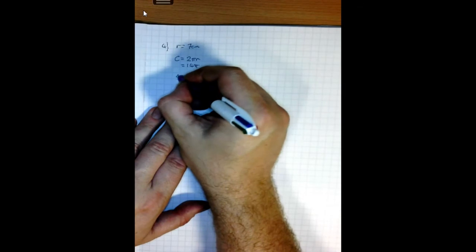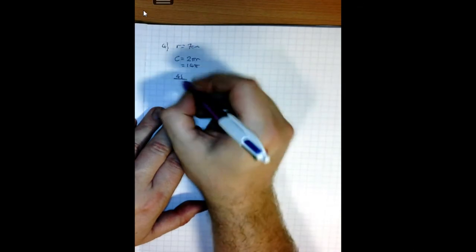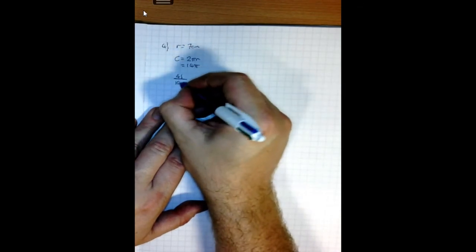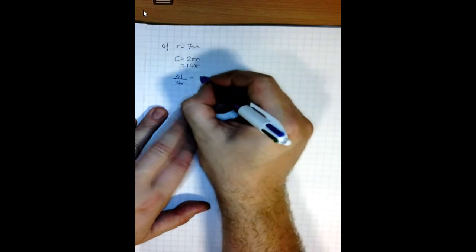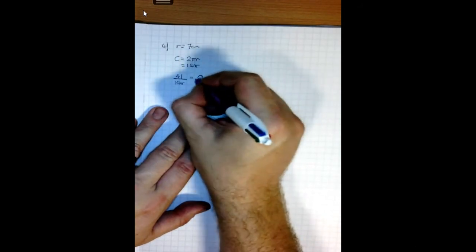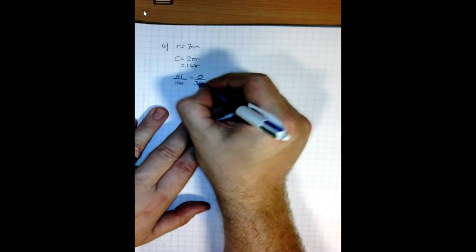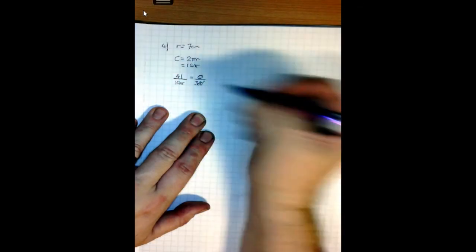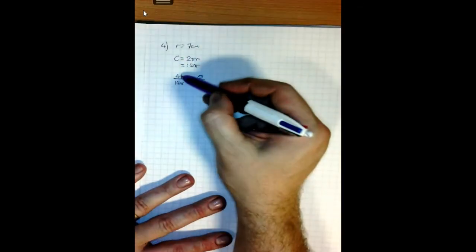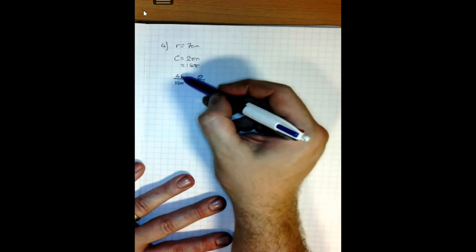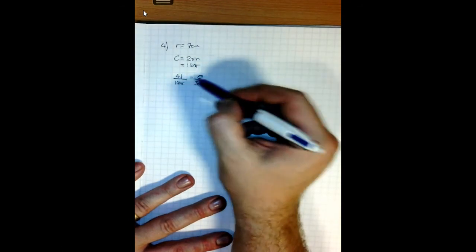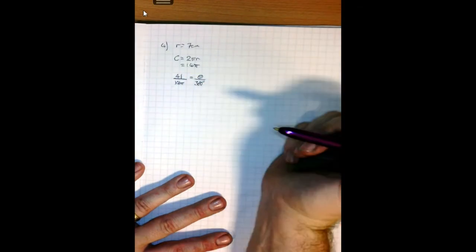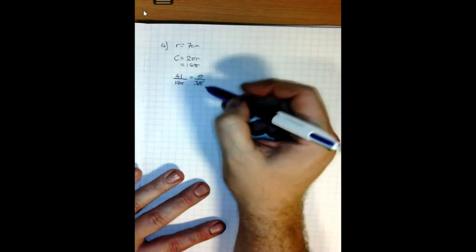And the arc length is 41. So the proportion that 41 is out of 14 pi is the same as the proportion that my angle is out of a full turn. So 41 out of 14 pi, the small part that I'm given out of the whole circle, it's the same for the angles, the small part out of the whole circle.